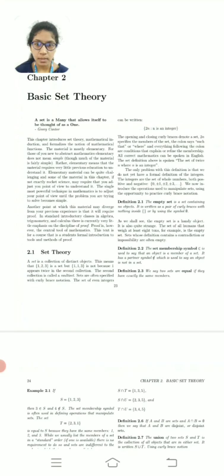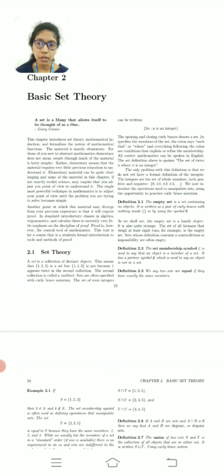To express the membership of the set, the colon says "such that", where everything that follows the colon is the condition that explains or defines the membership. All of this can be spoken in English.